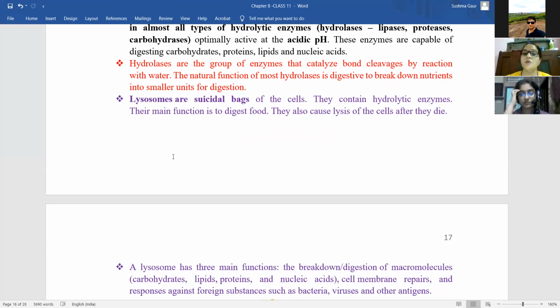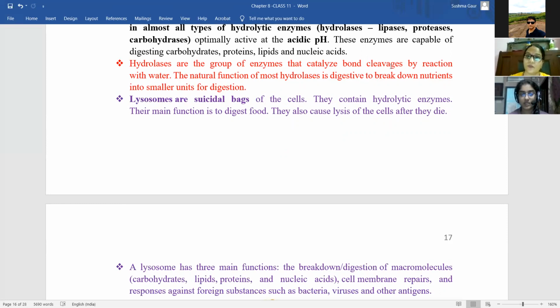These are the enzymes that catalyze bond cleavage, meaning the breaking down of the bond is catalyzed by them by reaction with water. So they use water for catalyzing the bond cleavage.